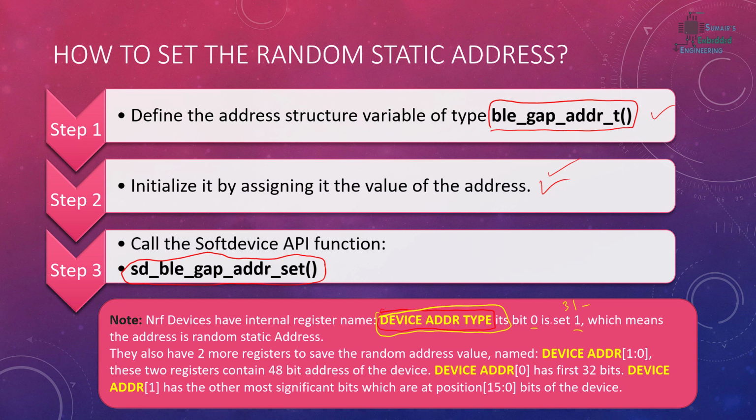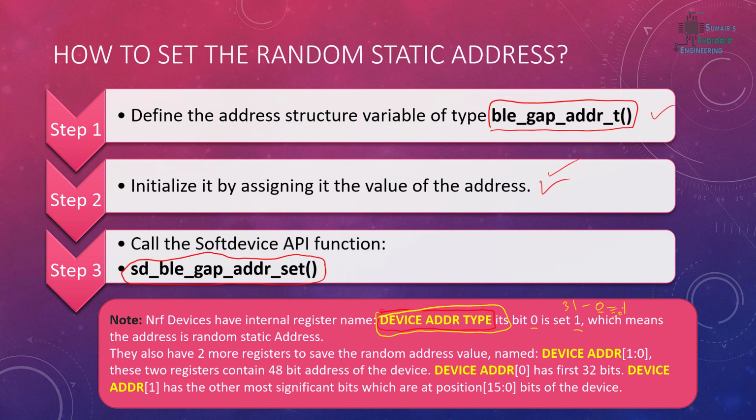If bit 0 is set to 1, it means our address is a random static address. If it is a public address, we set it to 0. But the soft device does it internally, so you don't need to worry about this too much.